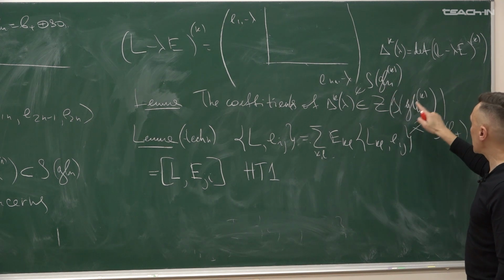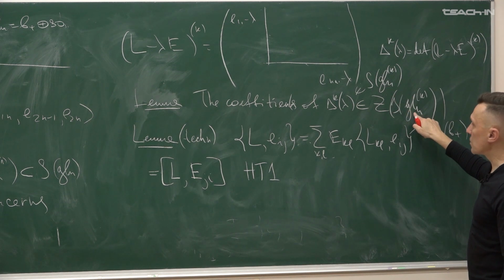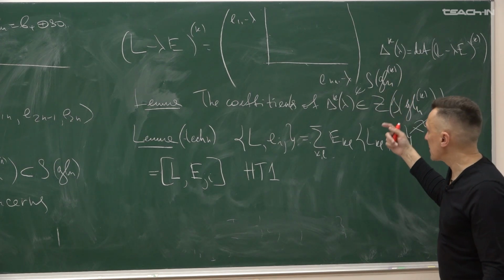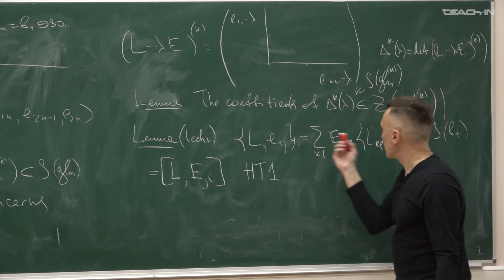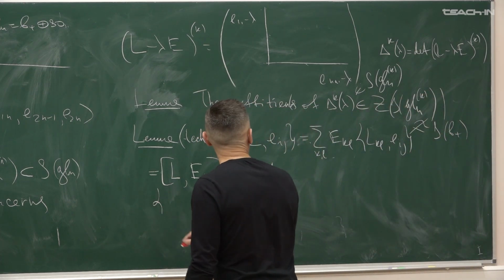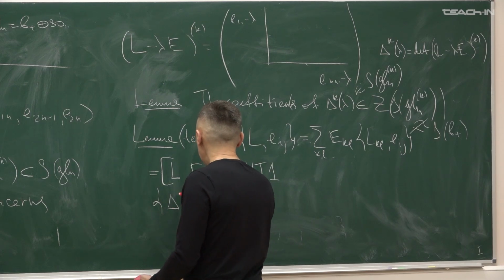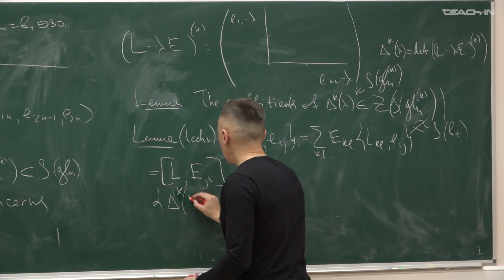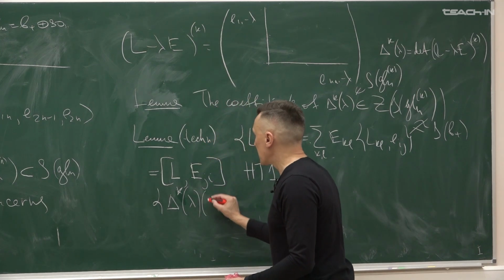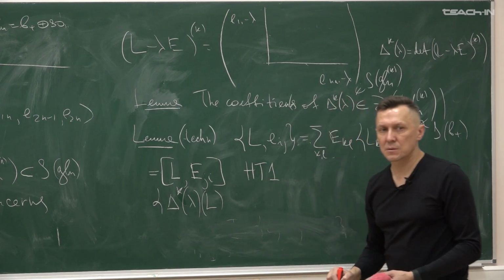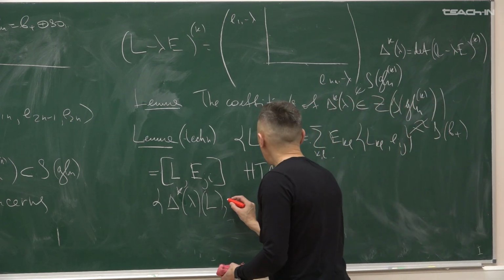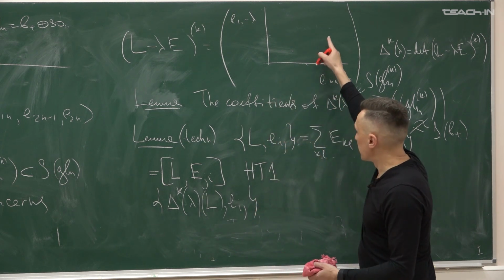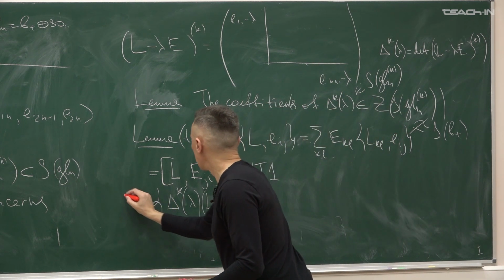But central means that it commutes with all linear generators from this Lie algebra. So we need to prove the following thing: that delta k of lambda, I would like to write that it depends on L, with Eij from this block is 0.